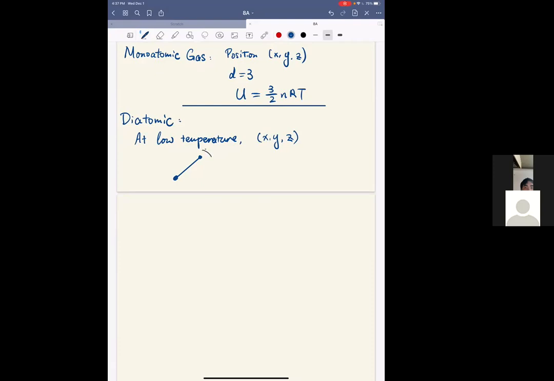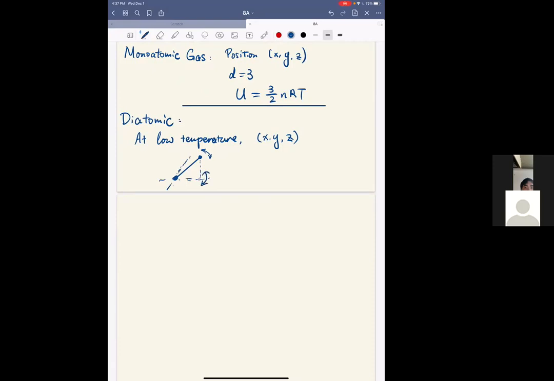So that actually contains 2 degrees of freedom. Imagine a rod in 3 dimensions. It could rotate in this way, but imagine that there is a plane, and the rod could also rotate in this way.